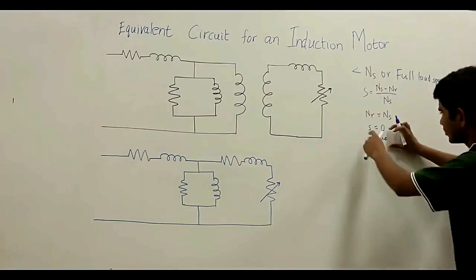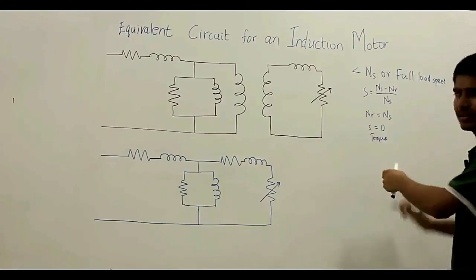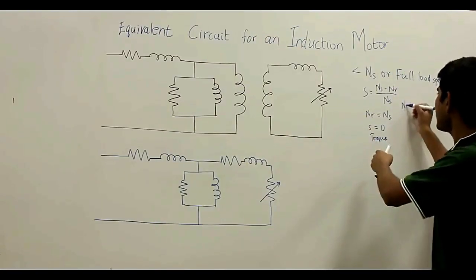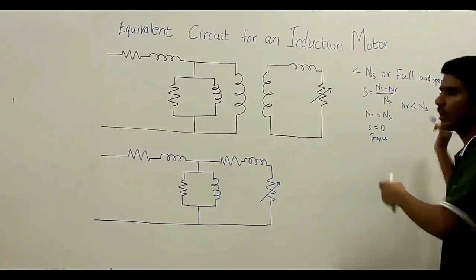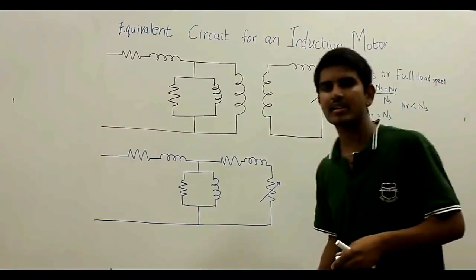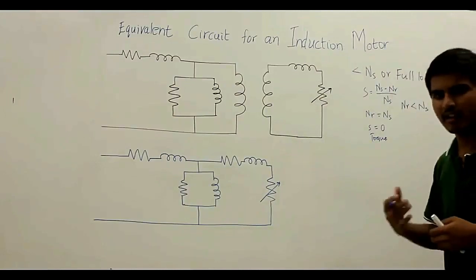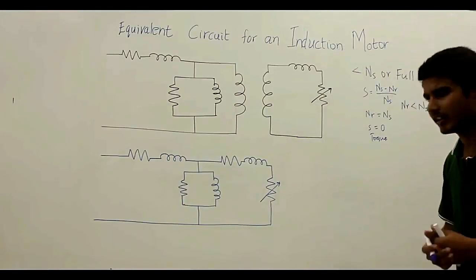As the torque falls, NR starts decreasing, that is, it goes below NS, and again as the relative speed difference is developed, there will be electromagnetic induction.